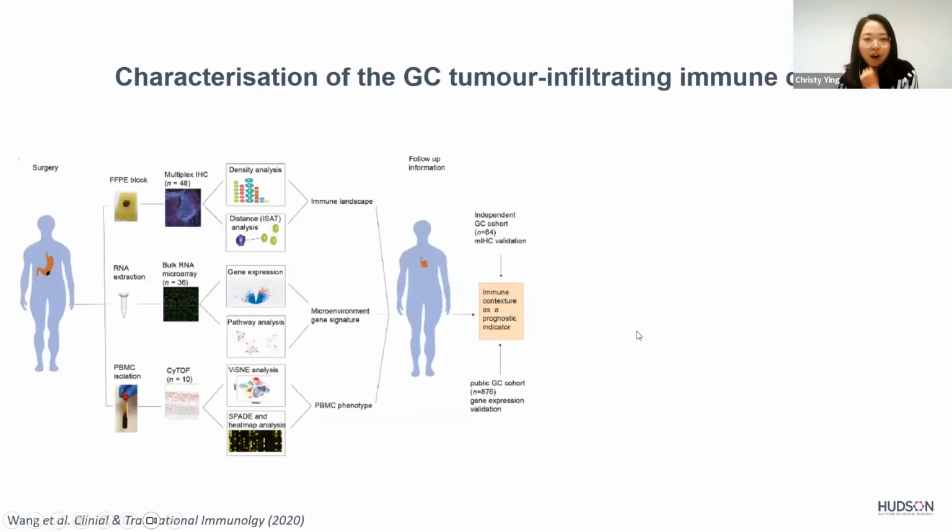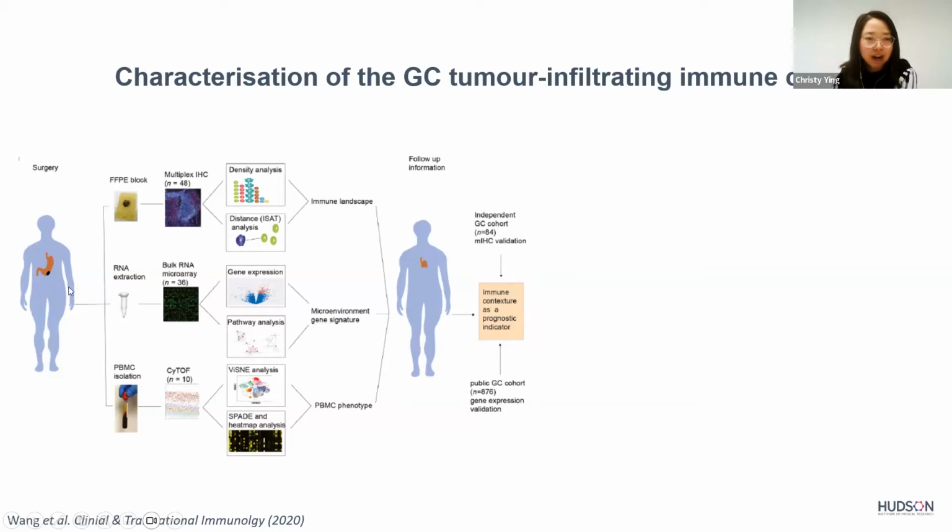And further on, one of my collaborators also worked on gastric cancer. Together we looked at more markers. In this other individual study, we used gastric cancer tumor samples. We partly used FFPE blocks to do the multiplex IHC staining to understand the density of the different immune cell populations, as well as applying distance analysis.